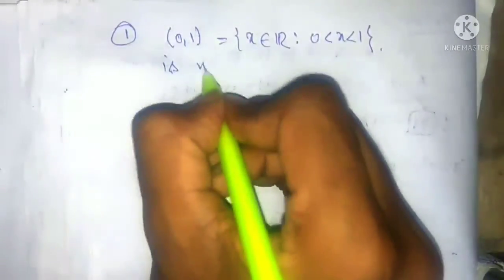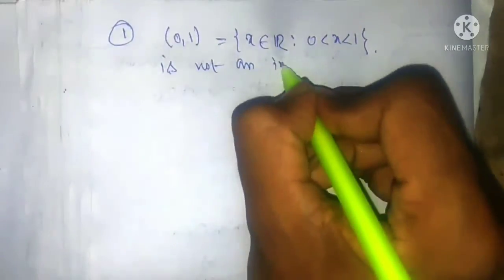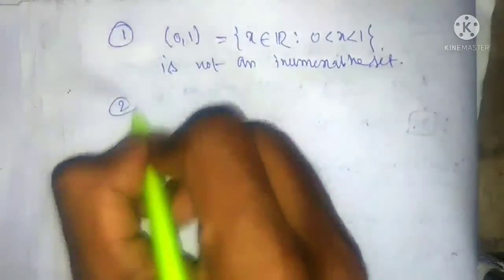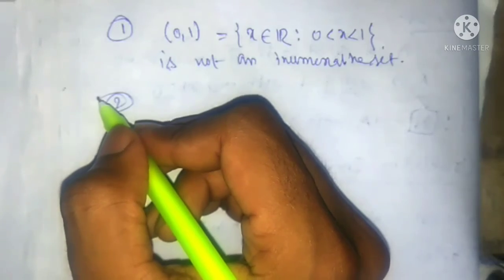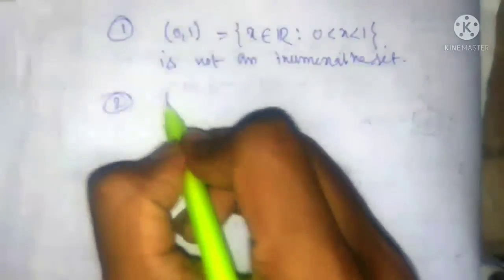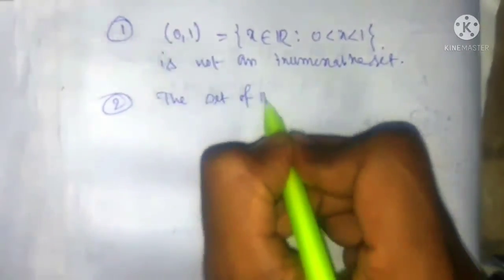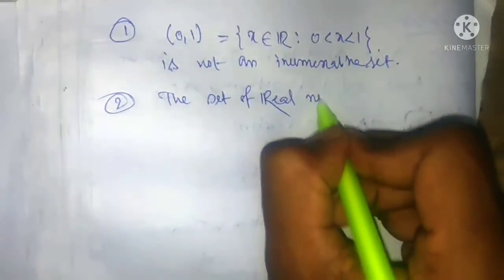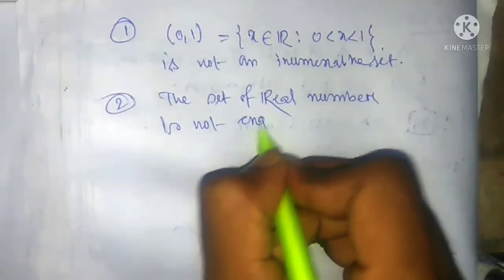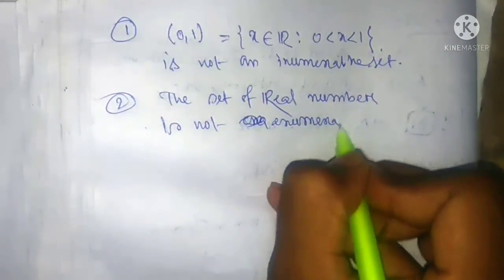This is not an enumerable set. Number 2, the set of real numbers is not enumerable.